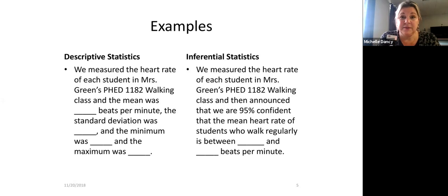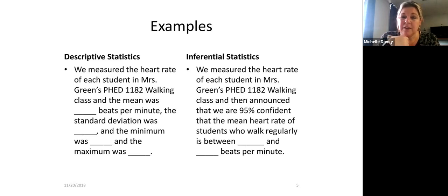Inferential statistics. We measured the heart rate of each student in Mrs. Green's walking class, and then we announced that we are 95% confident that the mean heart rate of students who walk regularly is between 200 beats per minute and 50 beats per minute. See the difference there?